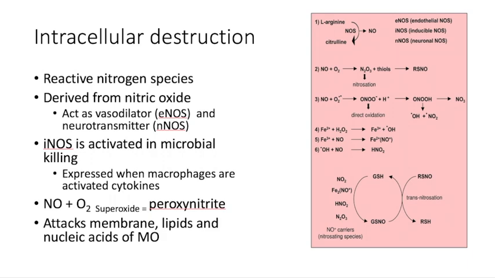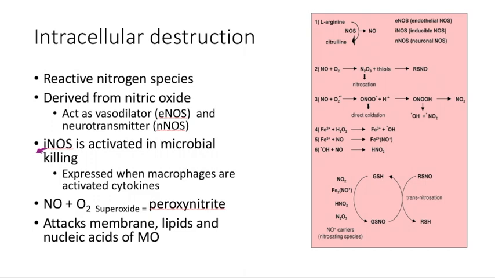So iNOS is activated in microbial killings. So this is, I guess if you want to remember it, inflammatory nitrogen oxygen species, and that's how you're going to remember it's iNOS. So nitric oxide is a soluble gas produced by nitric oxide synthase, which participates in microbial killing.